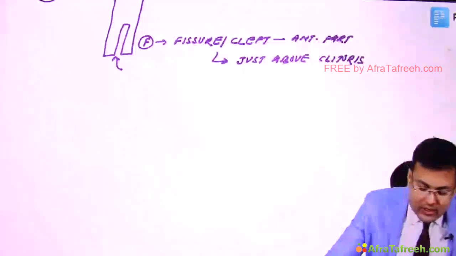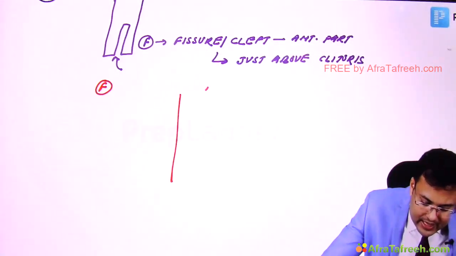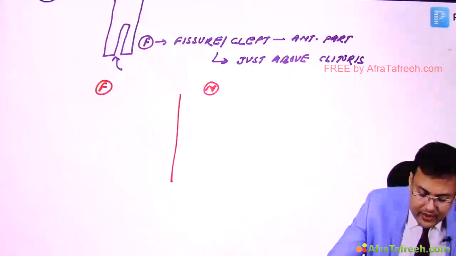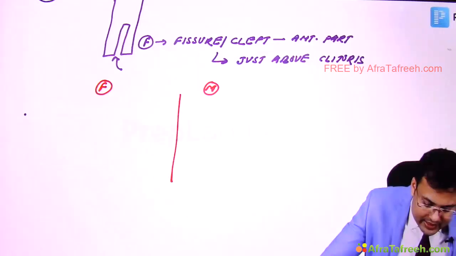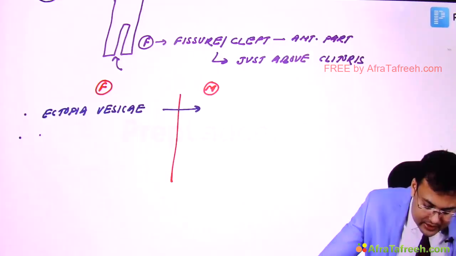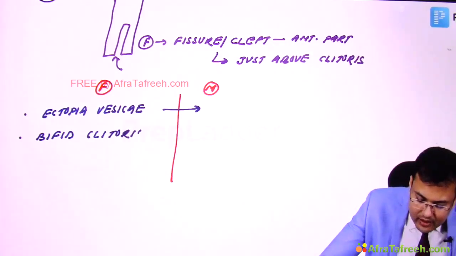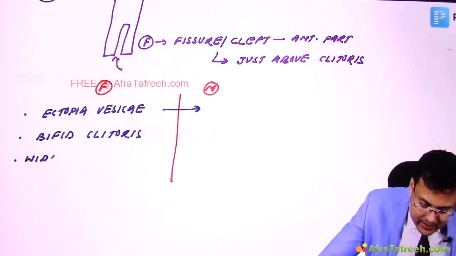Okay, so see the associations in females and in males. In both there is ectopia vesicae. In females there is bifid clitoris and widely separated labia.